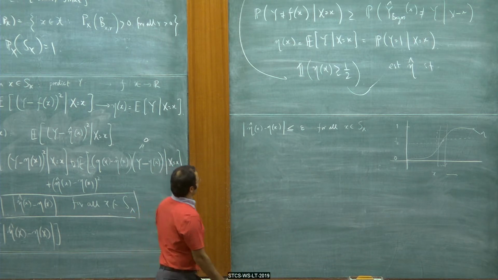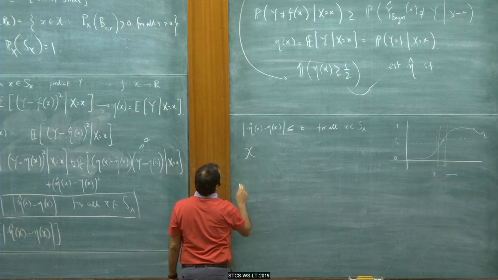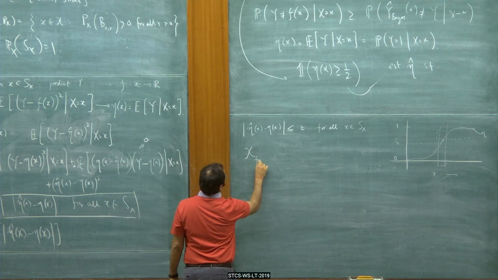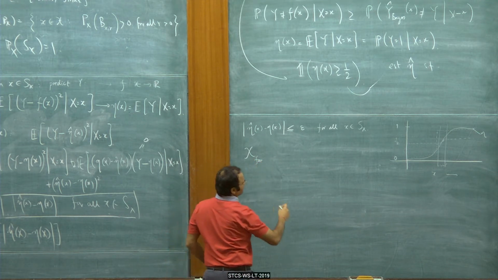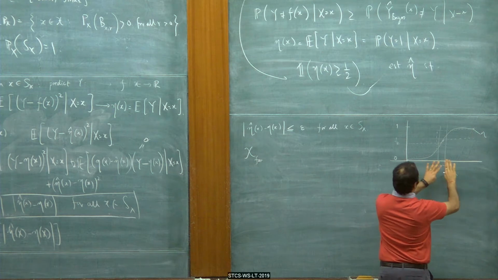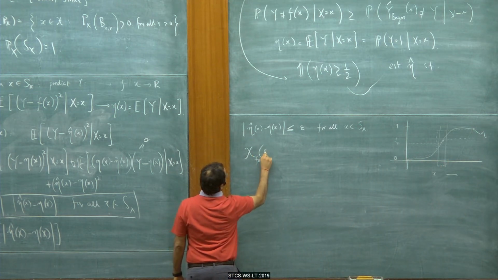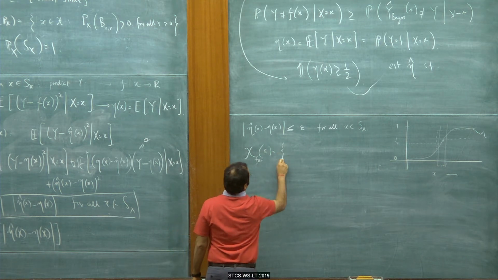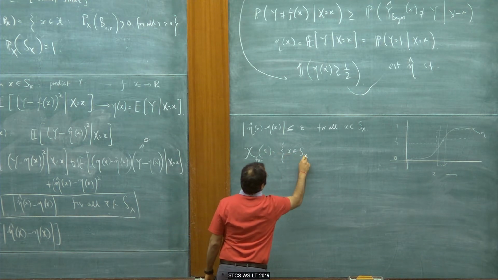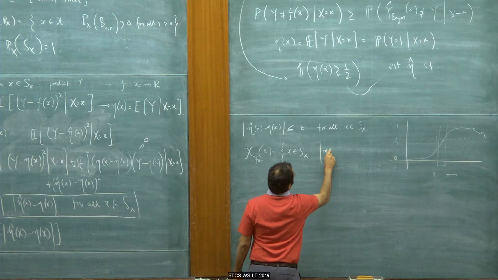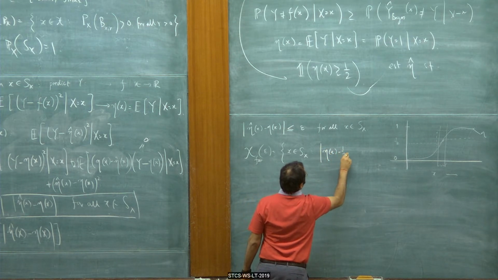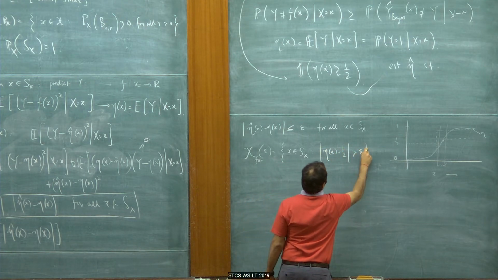Then what I could do is define something like this. Let me define the set of all x's that are away from this equals-to-half boundary by epsilon: x far of epsilon equals all x in the support of x such that |eta of x minus half| is greater than epsilon.